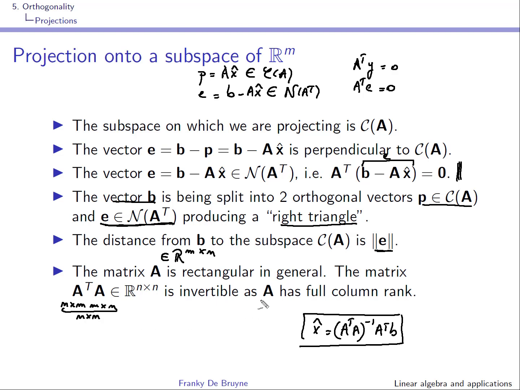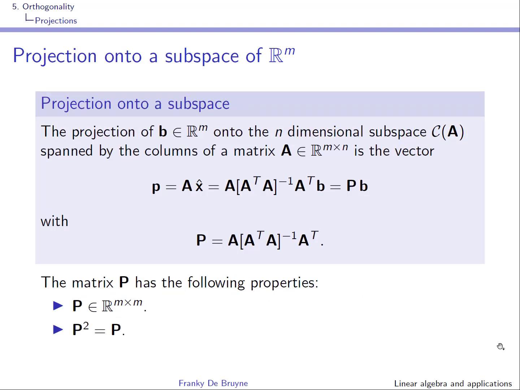And we know it's invertible because we have required that the columns of A are independent. Another way of saying this is that A has full column rank. So this matrix is invertible, and we can write this estimate x hat.